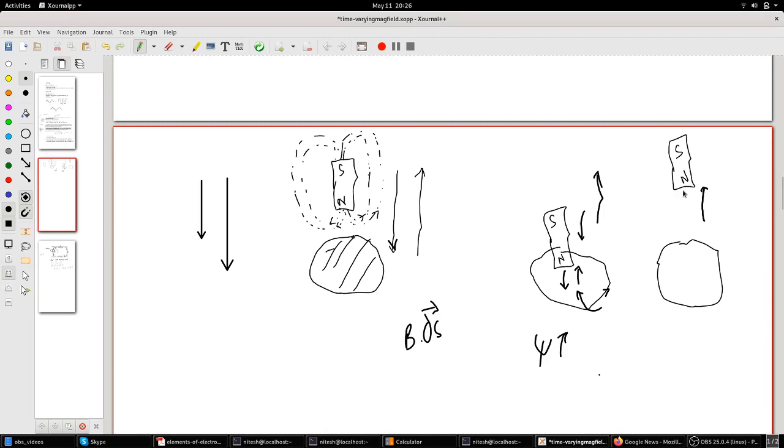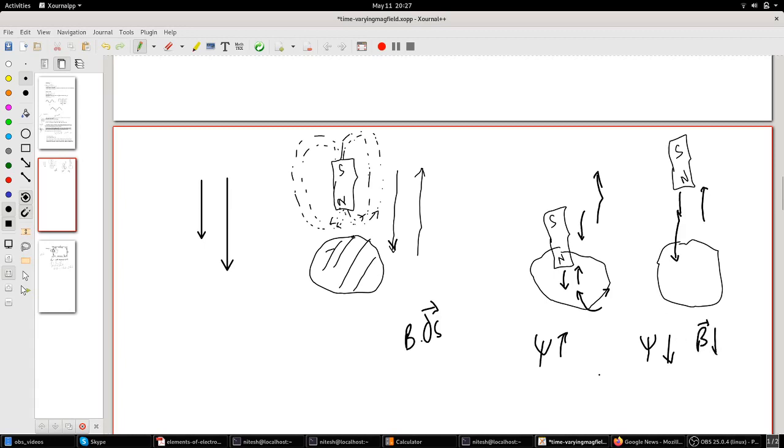As it is moving away, this B dot ds, your flux, is going down, it's decreasing, because as you move away from the loop, the B value decreases.